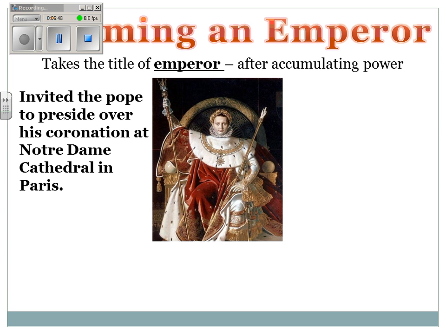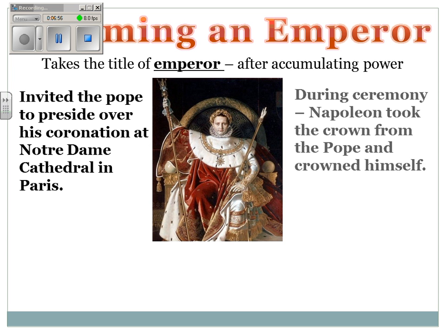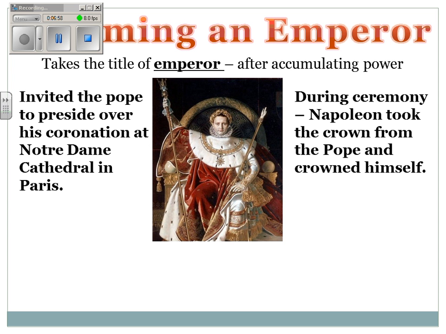So Napoleon invites the Pope to preside over his coronation at the Notre Dame Cathedral in Paris. During the ceremony, the Pope walks towards Napoleon with the crown. And again, remember, the Pope is God's guy on earth.